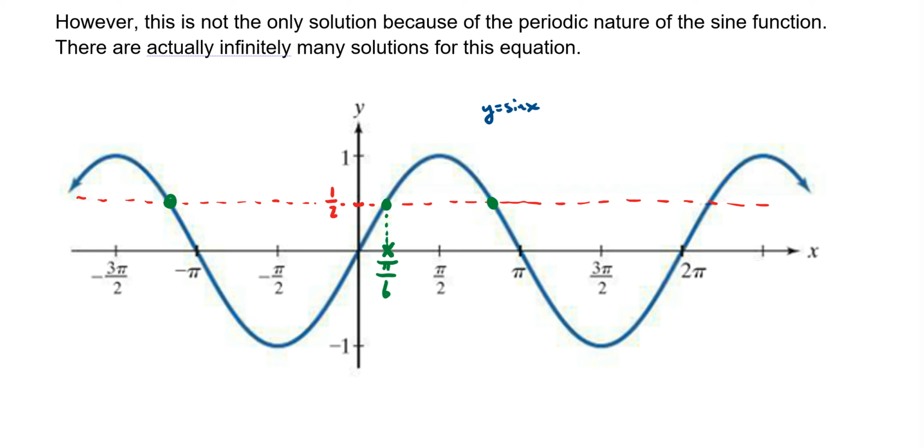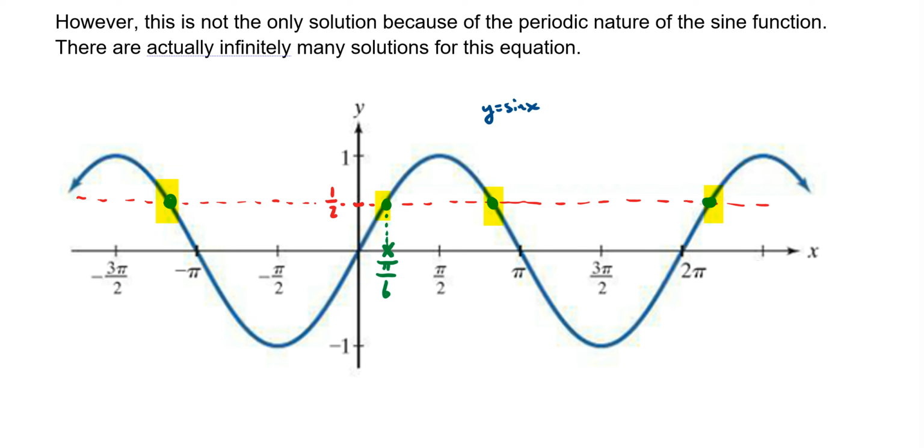We have all of these other points of intersection, and since sine is periodic from negative infinity to infinity, the horizontal dotted line at 1/2 is going to intersect the sine curve at an infinite number of points. So there's an infinite number of solutions.